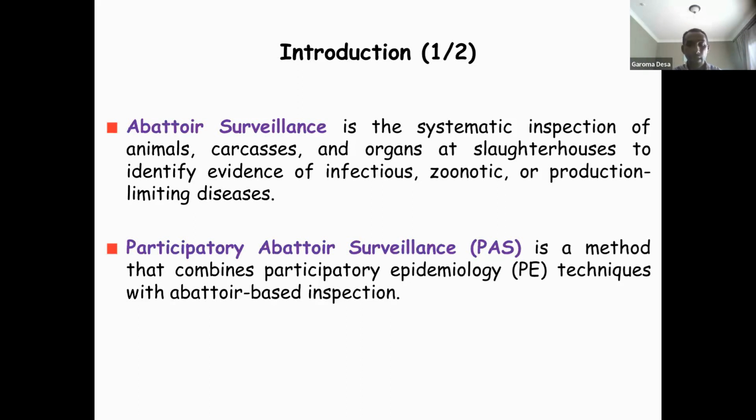There are different techniques of participatory epidemiology, including interviewing, visualization, scoring, and ranking. So, participatory abattoir surveillance is the combination of these participatory epidemiology techniques with antemortem inspection and the postmortem inspection to detect, confirm, and understand the occurrence of disease patterns in slaughter animals.